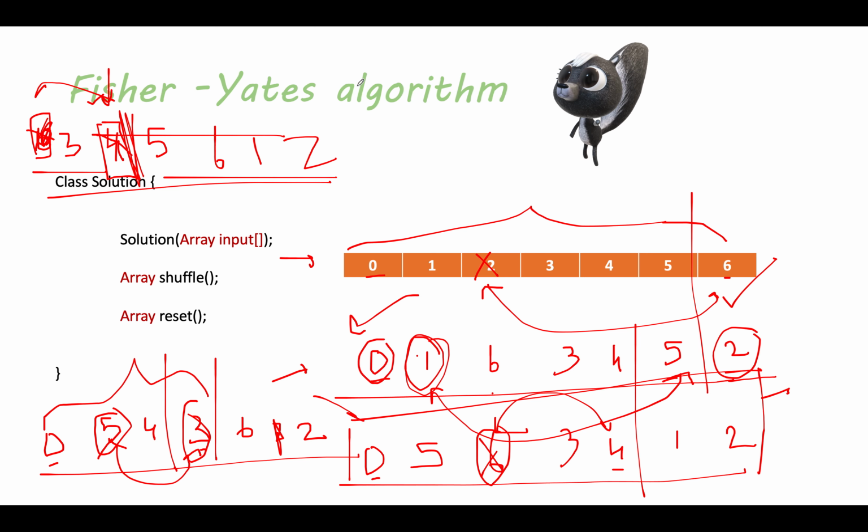The updated array is something like this: 4, 3, 0, 5, 6, 1, 2. You define the boundary here, and again do the same thing. You swap these two because there are only 2 elements, and the updated array is something like this: 6, 4, 0, 5, 6, 1, 2.